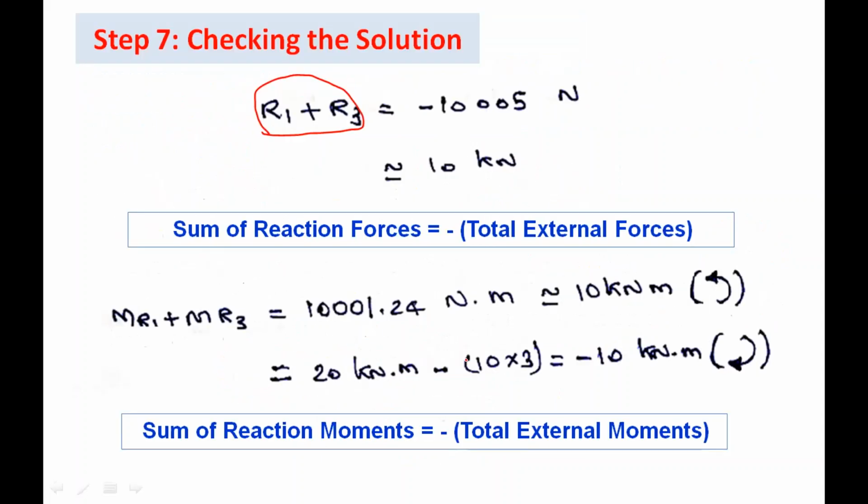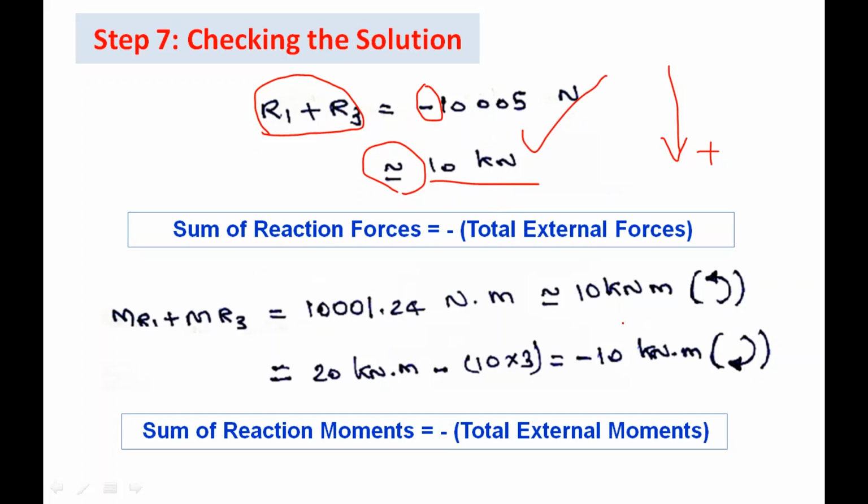When you add both, it is coming around minus 10,005 Newton, which is approximately equal to 10 kilonewton, which is acting at the midspan, right, that we have discussed. We assumed a vertically downward force as positive, so that is why we are getting a negative sign here, reaction force, which is equal and opposite. So we can verify that.